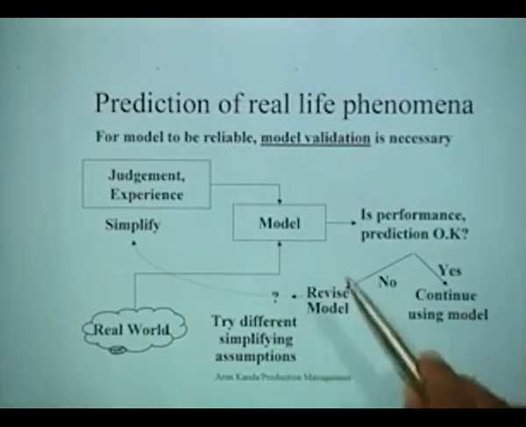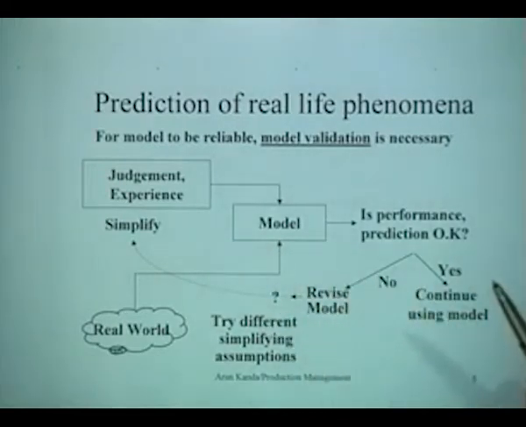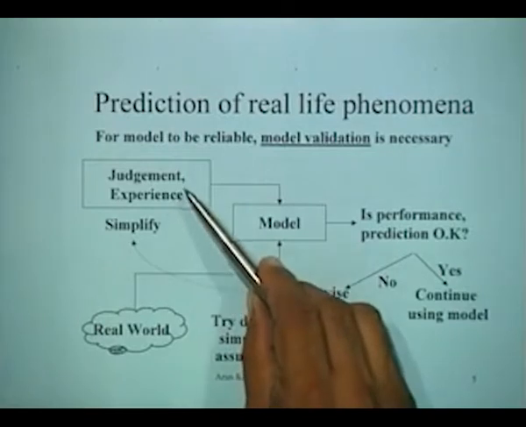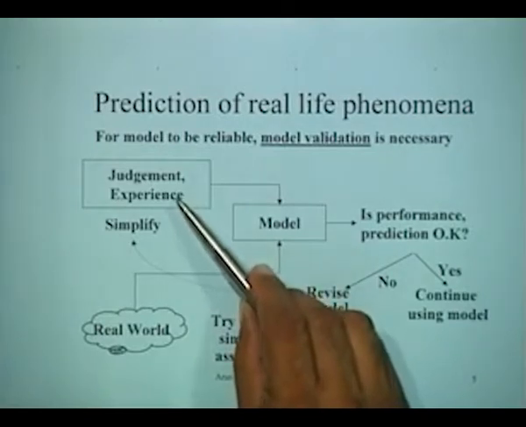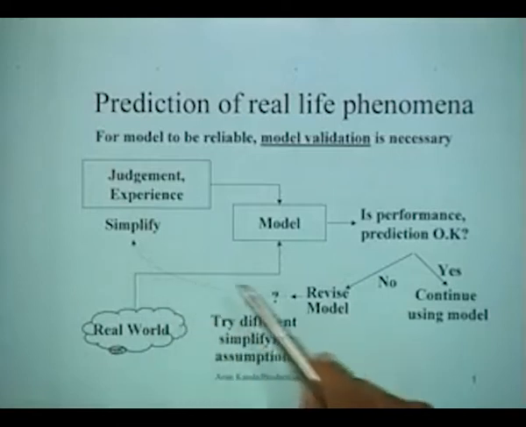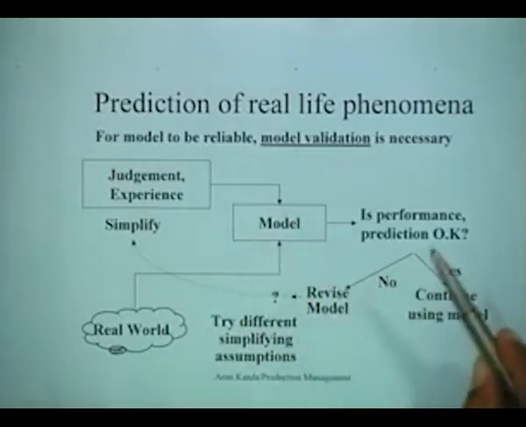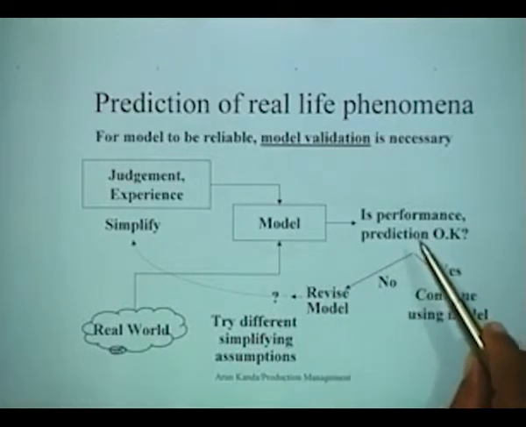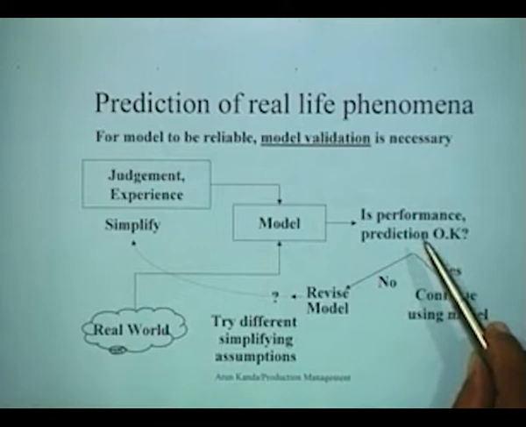This diagram actually summarizes the process by which you would make a model. What would happen is that there is the real world which you are interested in studying or capturing, and in order to study the real world you might have to use your judgment and experience, and on the basis of these two things you come up with a model, and this model is then used for purposes of predicting performance of the real life system.